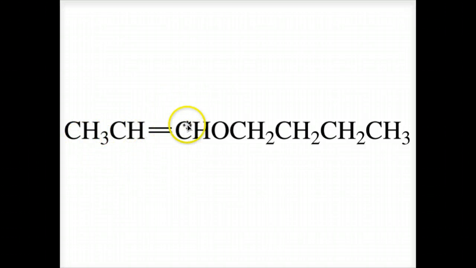So it's going to be a 1-propene. It's going to tell us that the double bond is between 1 and 2. And also we're going to use 1 in the name because it tells us where the butoxy group is. 1, 2, 3, 4. The butoxy substituent is bonded to number 1. 1 and 2 is where the double bond is, and we're going to call that number 1. So the name is 1-butoxy-1-propene.